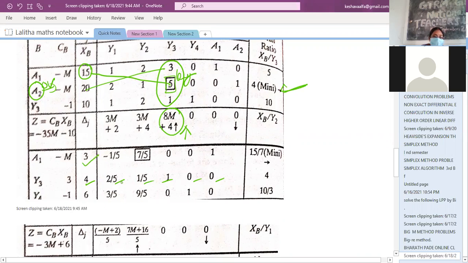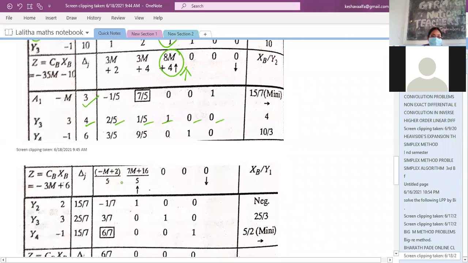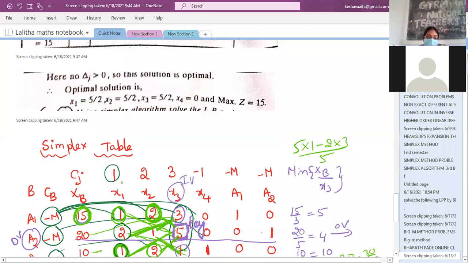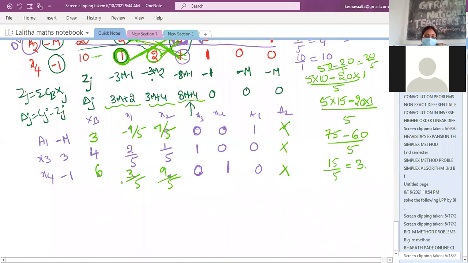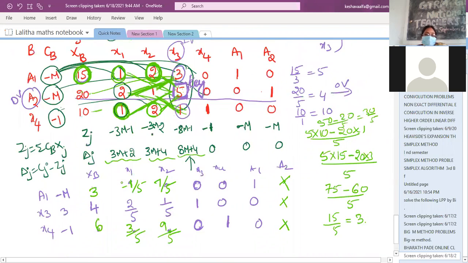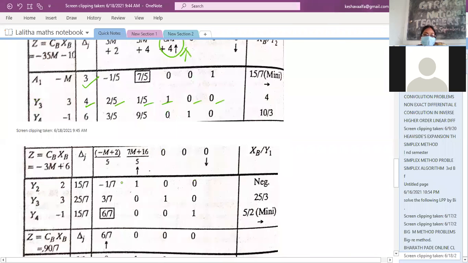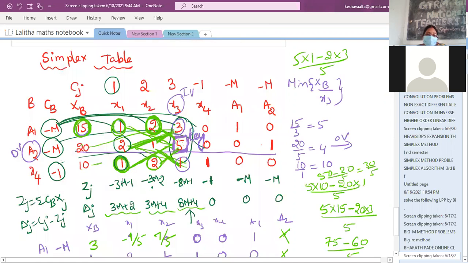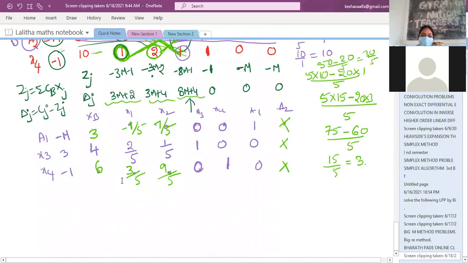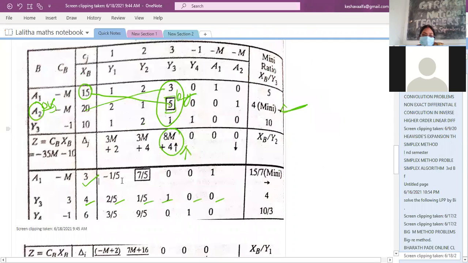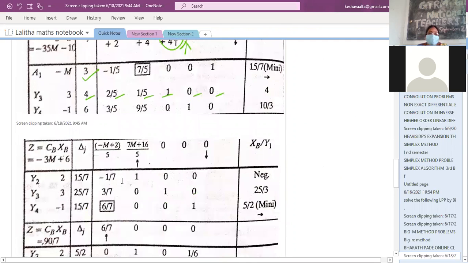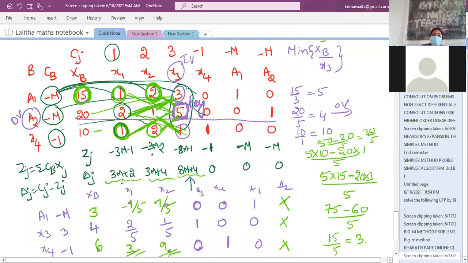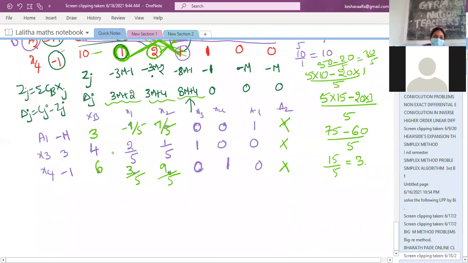Like this, all the second table values. After calculating, we got the same values: minus 1 by 5, 2 by 5, 3 by 5. Check once again these numbers: minus 1 by 5, 2 by 5, 3 by 5, and 7 by 5, 1 by 5, 9 by 5, and 1, 0, 0, 0. So it is correct.